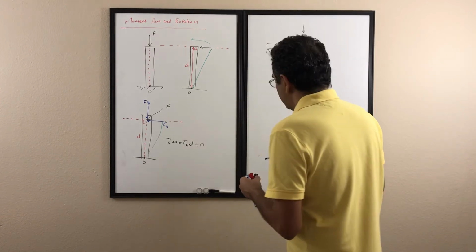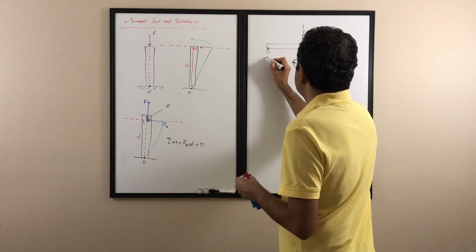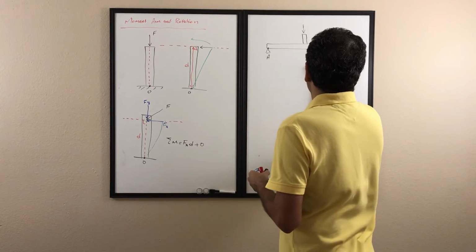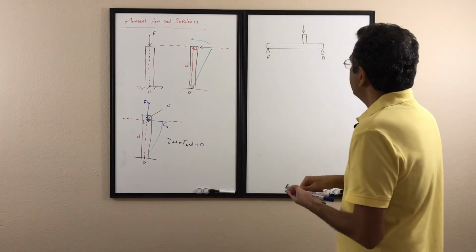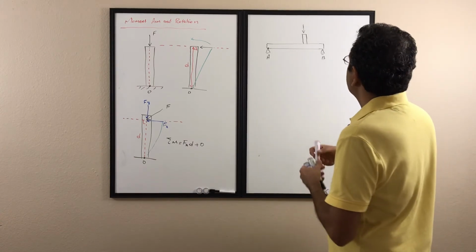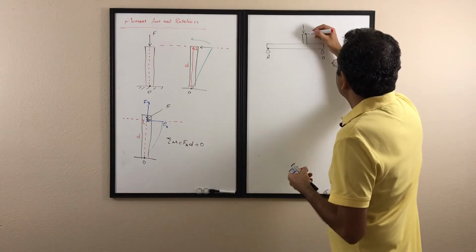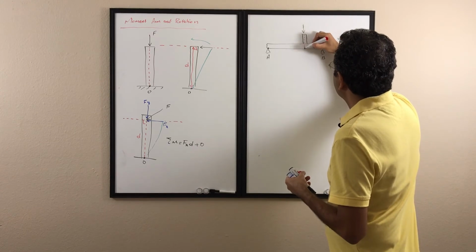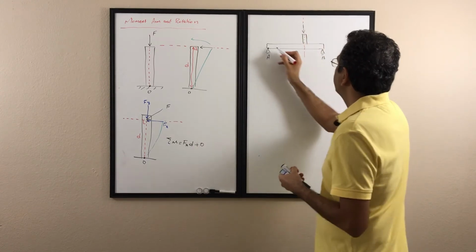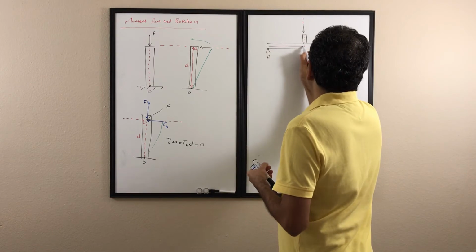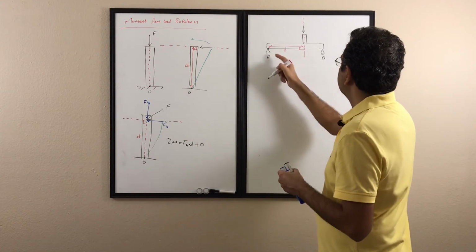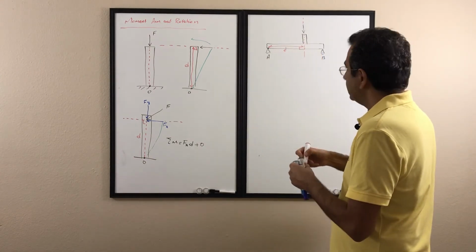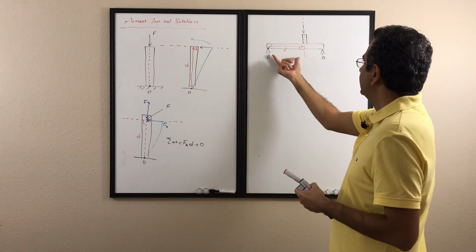We want to find the moment about point A. The first thing is, that's the force. We draw the line of action, and then from point A we draw the line that is perpendicular to the line of action. So that's going to be the distance. That's going to be F, and that's the D.